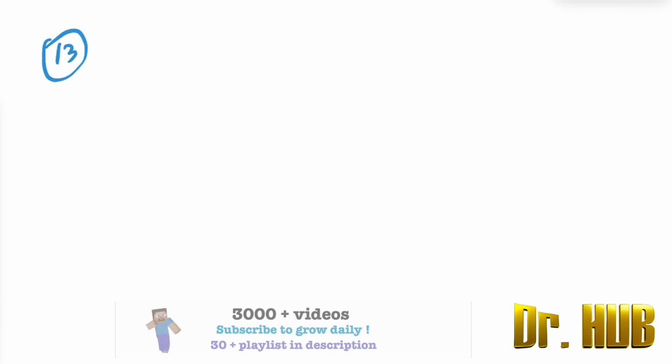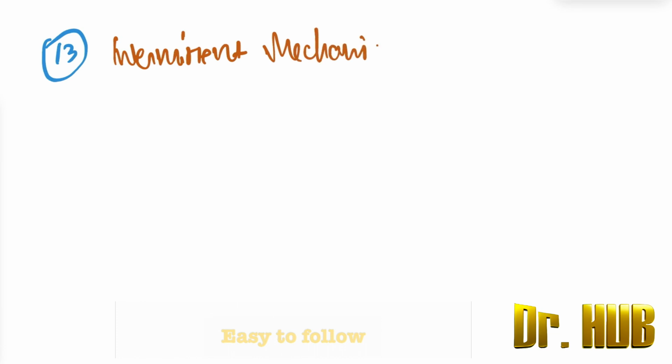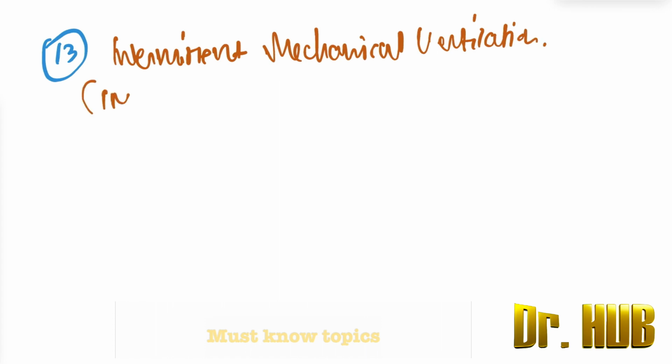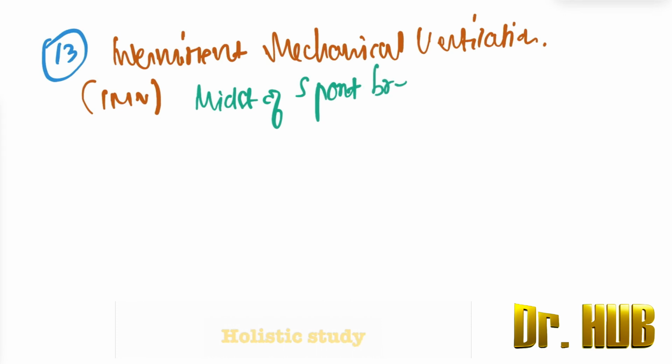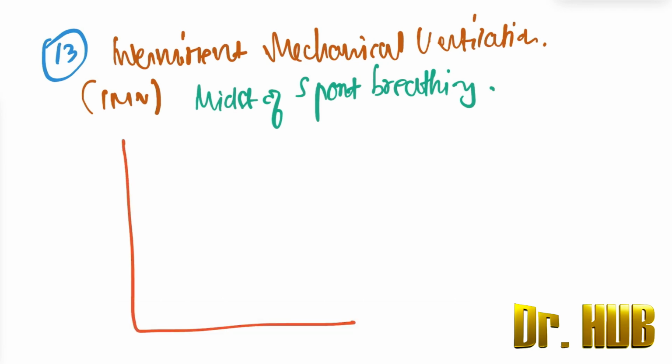In terms of type 13, we are going to look at intermittent mechanical ventilation, in short known as IMV. And this is in the midst of spontaneous breathing. So how does this graph look? In the x-axis we have the time, and the y-axis we have the CO2.